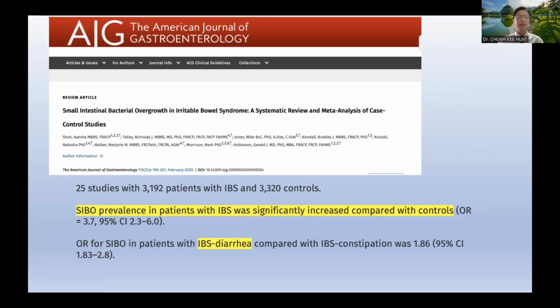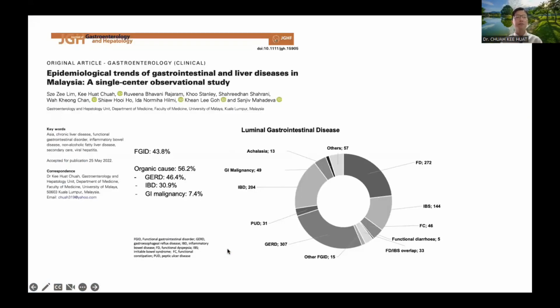In this meta-analysis, the SIBO prevalence in patients with IBS was significantly increased compared to controls, especially in IBS with diarrhea.